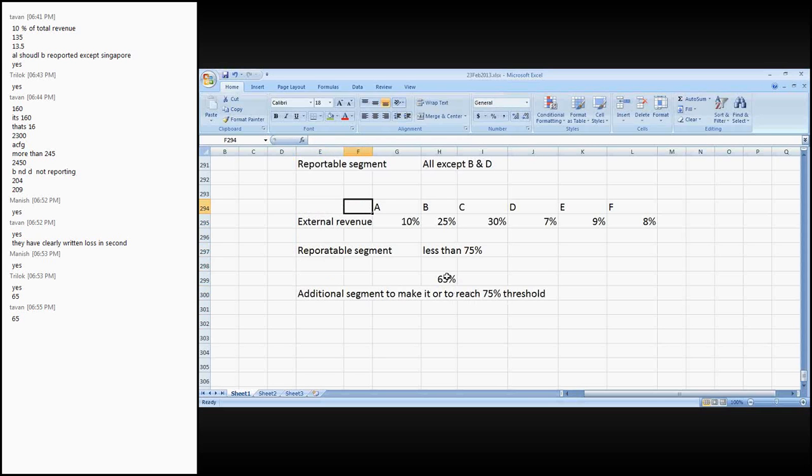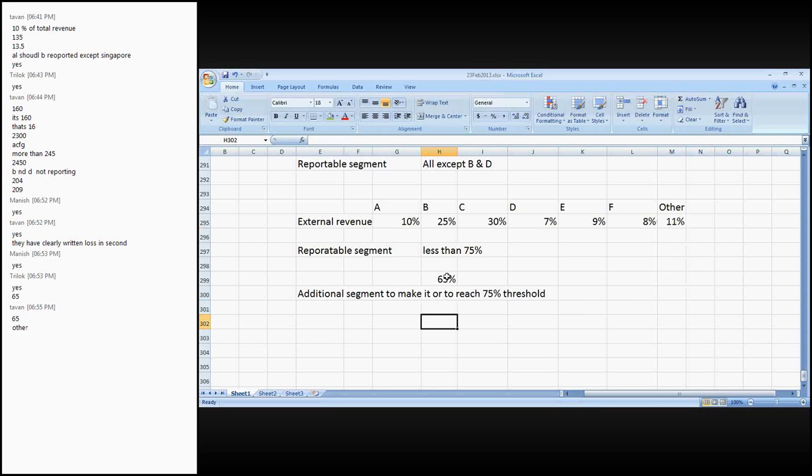Suppose the other operating segments are, in this case, the others are 11. Which segments will you include to give it a 75% threshold?